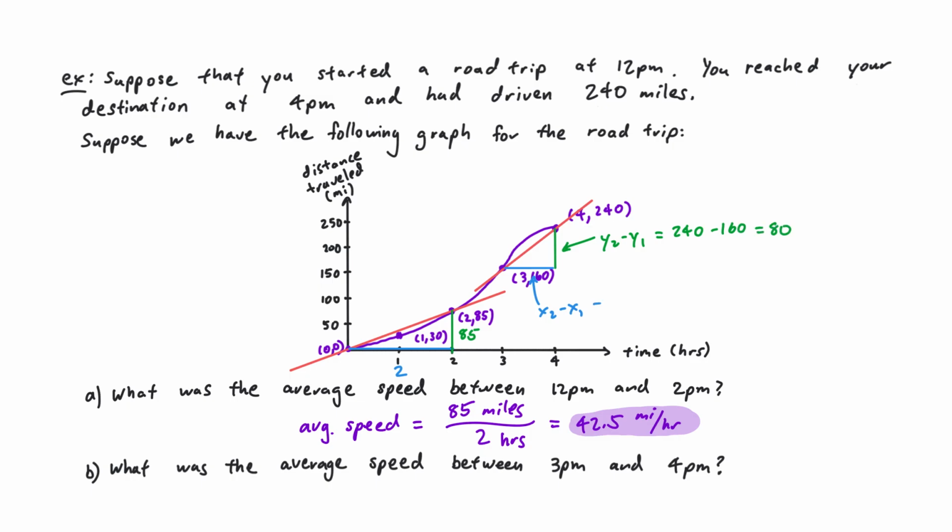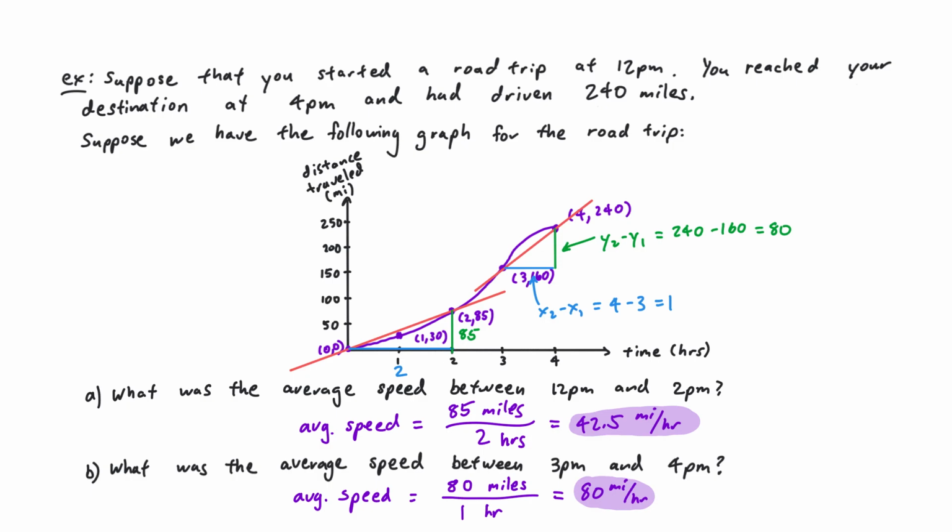And our run would be x2 minus x1, which is 4 minus 3, which gives us 1. So between 3 p.m. and 4 p.m., our average speed is equal to rise over run, which is 80 miles, divided by 1 hour. That gives me 80 miles per hour. So this is our average speed between 3 p.m. and 4 p.m.